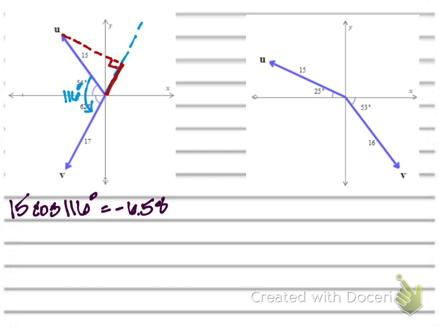Last one. Let's see. We need to find the angle between first. I know that this guy is 90, right? I have 25. And then over here, this whole thing is 90. So that little piece is 90 minus 53, which is 37. You with me? So this whole angle must be 25 plus 90 plus 37, 152.